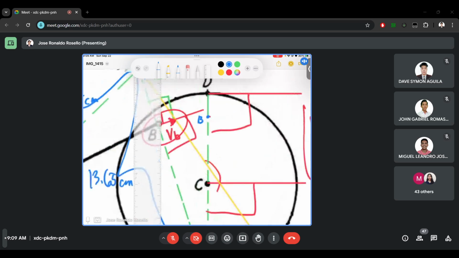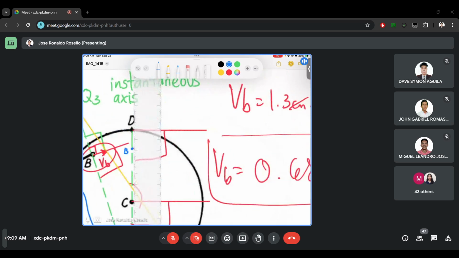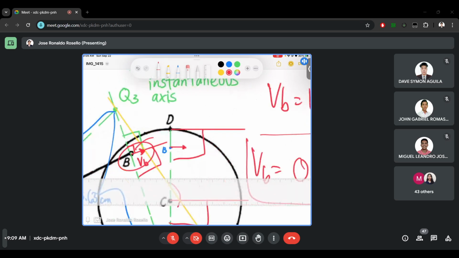Then its length is 1.3 centimeters. And this one, we just copied it here.